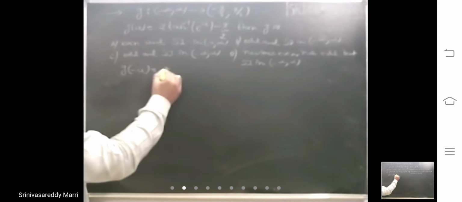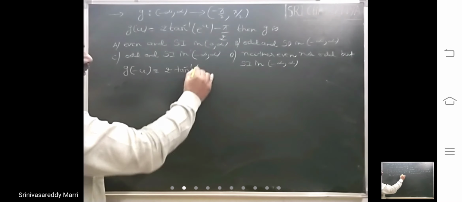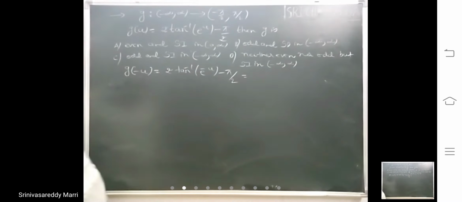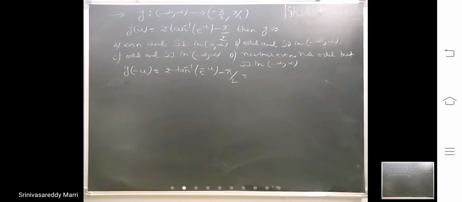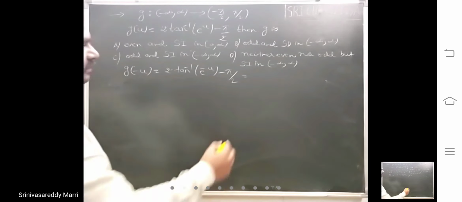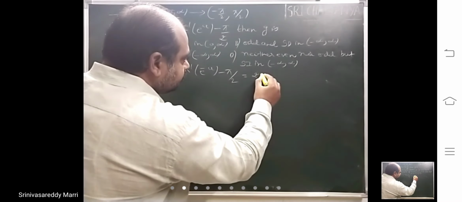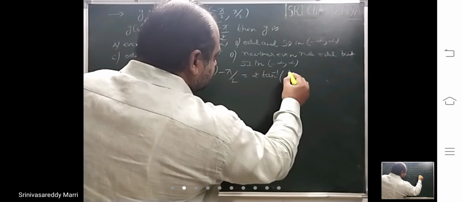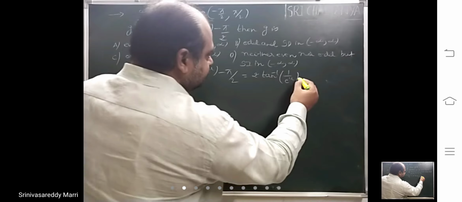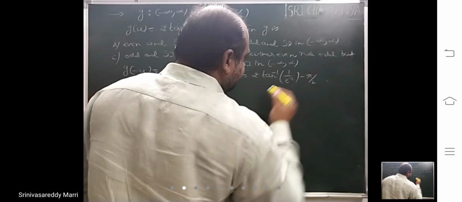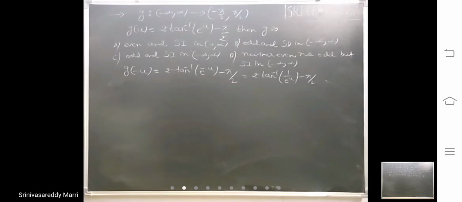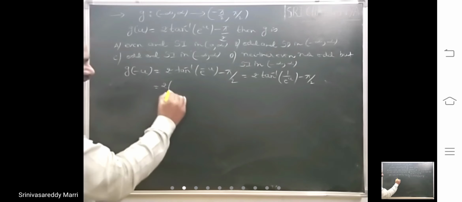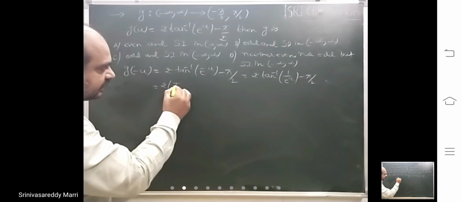Look at it, I am substituting minus u in place of u: 2 tan inverse 1 by e power u minus pi by 2 minus pi by 2. This tan inverse I am writing as pi by 2 minus cot inverse.